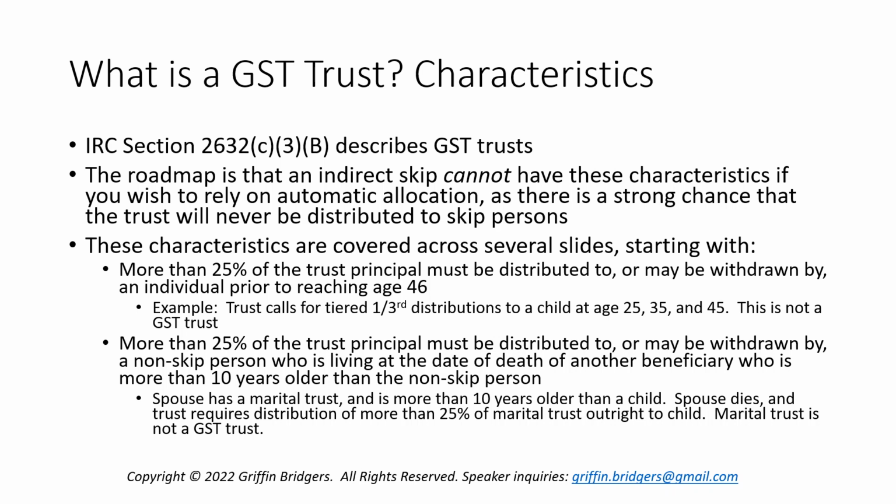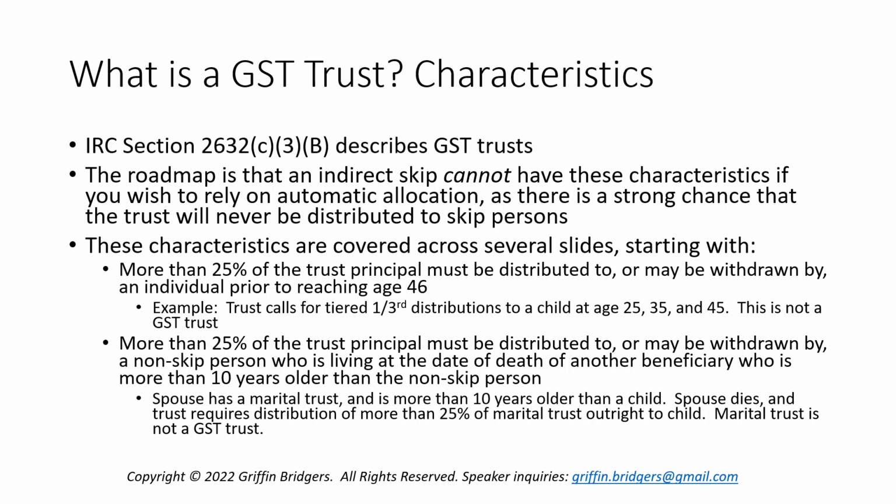Another example would be where you have more than 25% of the trust principal that must be distributed to or may be withdrawn by a non-skip person, not taking into account their age, but whether they're living at the date of death of another beneficiary who's more than 10 years older than that non-skip person. The example here might be a spouse who has a marital trust and is more than 10 years older than the child who's a remainder beneficiary.